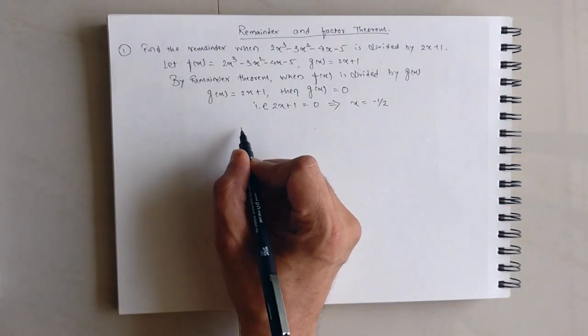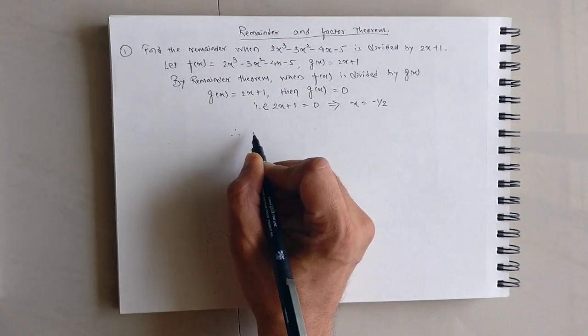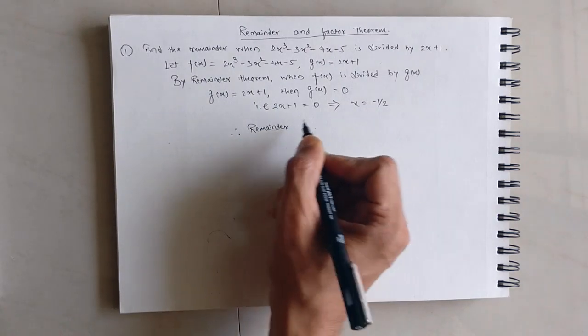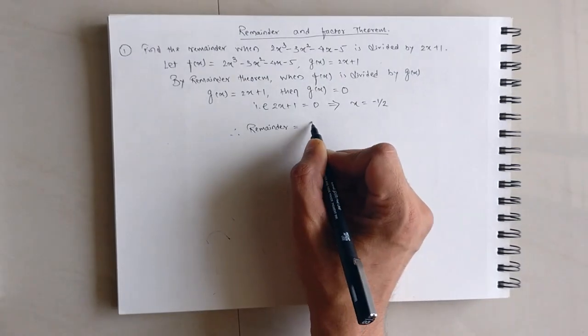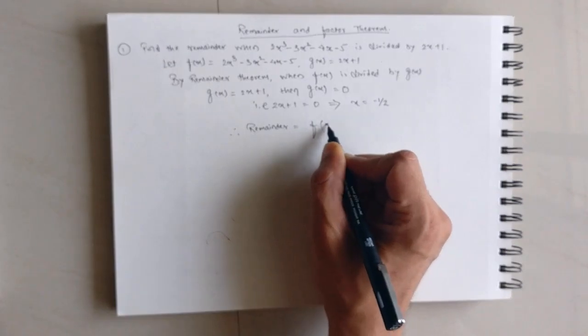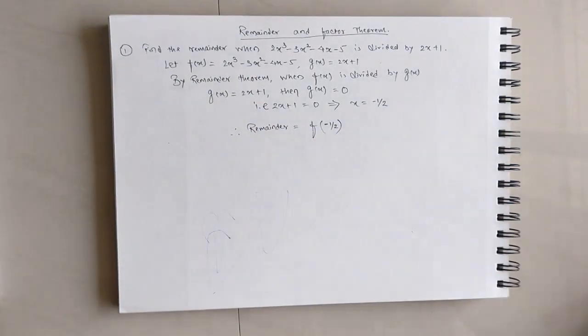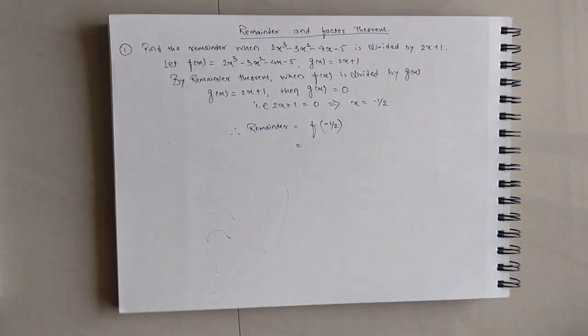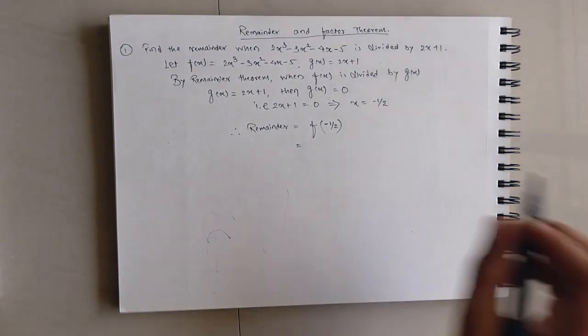So what we have to do next is, therefore, remainder is equal to f of x, but what is x? Minus 1 by 2. So we will write f of minus 1 by 2. This will be the remainder. Wherever there is x, we will put minus 1 by 2 in the expression f of x.